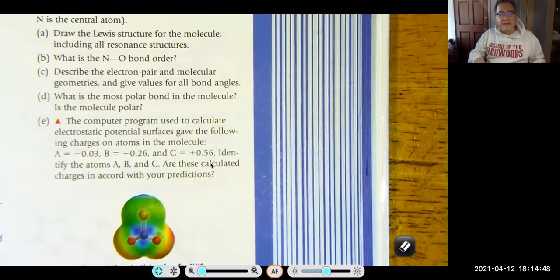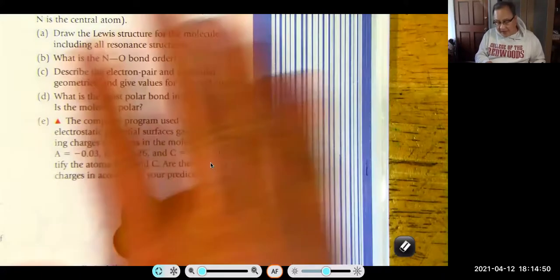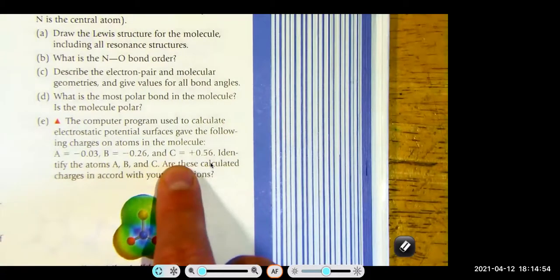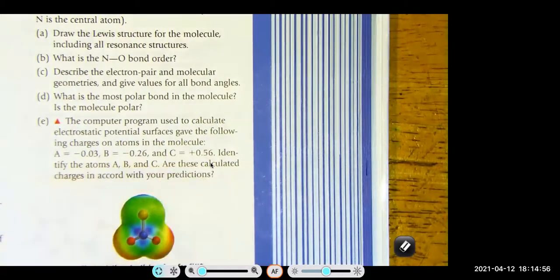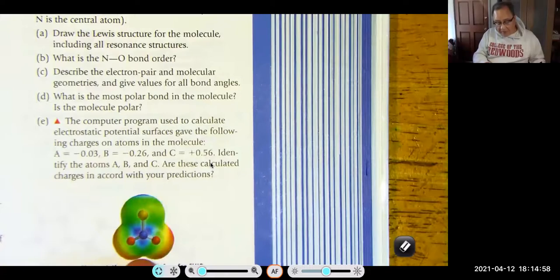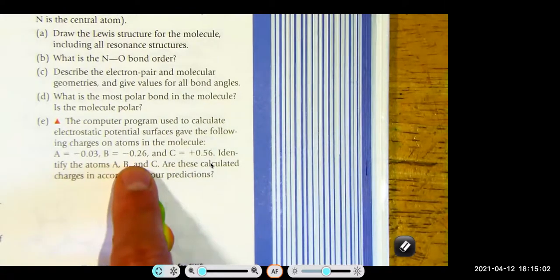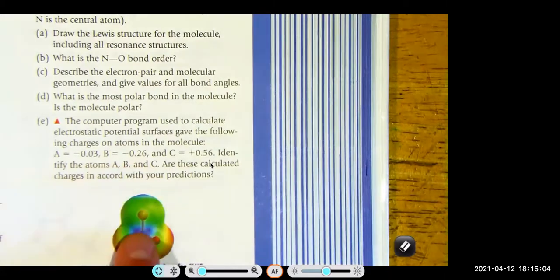So based on these, do you see that the central atom has to be C? Yeah, and the red ones are B because that's a negative 0.26, the most electronegative, and the yellow one has to be A.